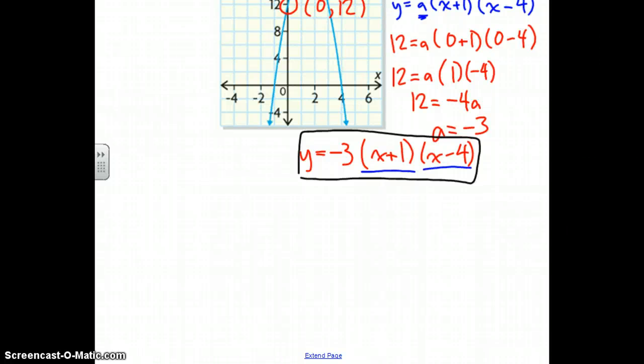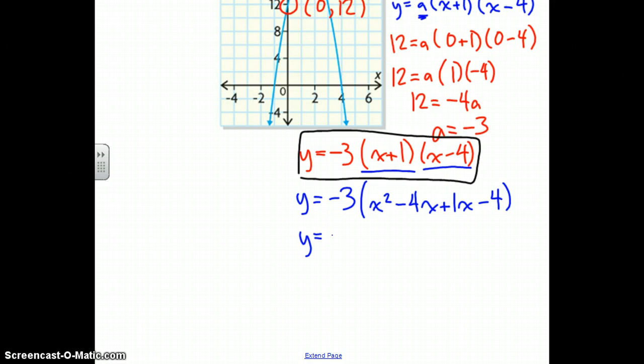Maybe use FOIL if that's what you like to do. So we have y equals -3, and then inside all those brackets we'll have x squared minus 4x plus 1x, take away 4. Then simplifying some more, we can distribute that in, -3x squared.